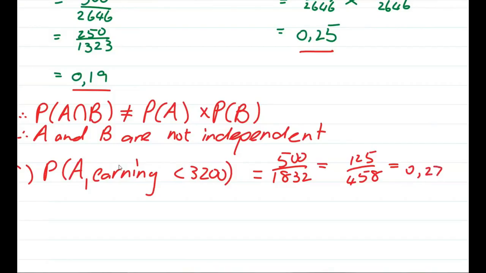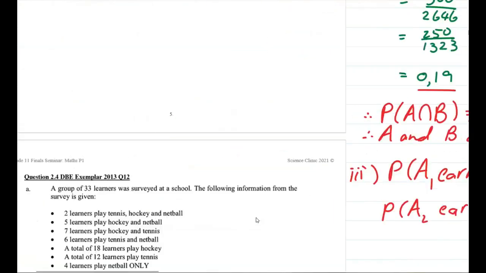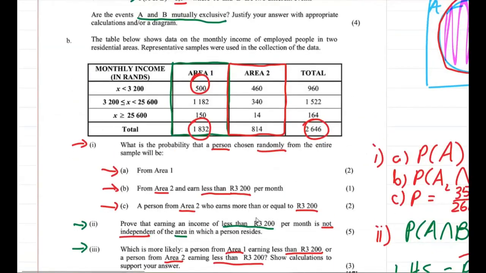0.27. All right. Now let's look at the probability of area 2 earning less than 3,200. Again, you've got all the people from area 2 now in front of you. You close your eyes, walk into that group, you put your hand on someone's shoulder. What's the probability that you put your hand on someone's shoulder that has less than 3,200? 460 over? 814.